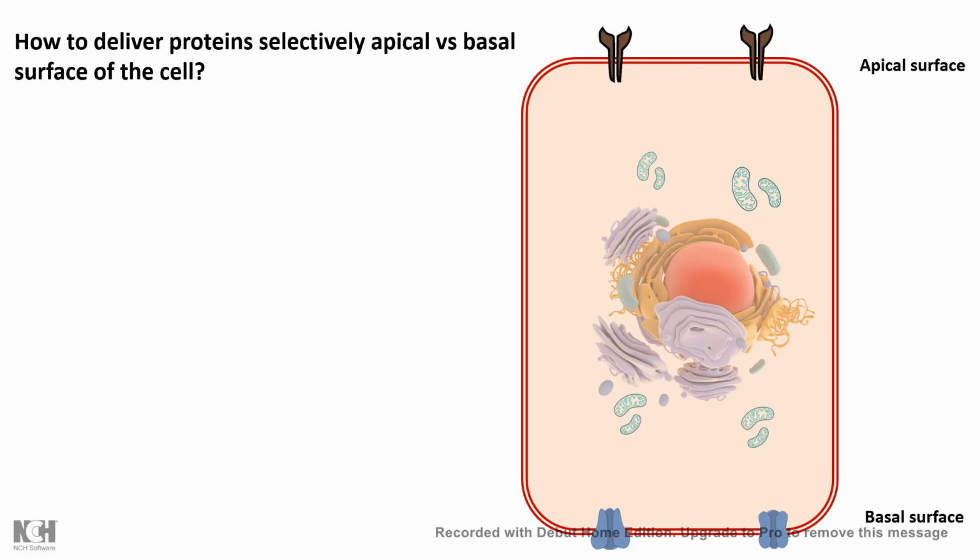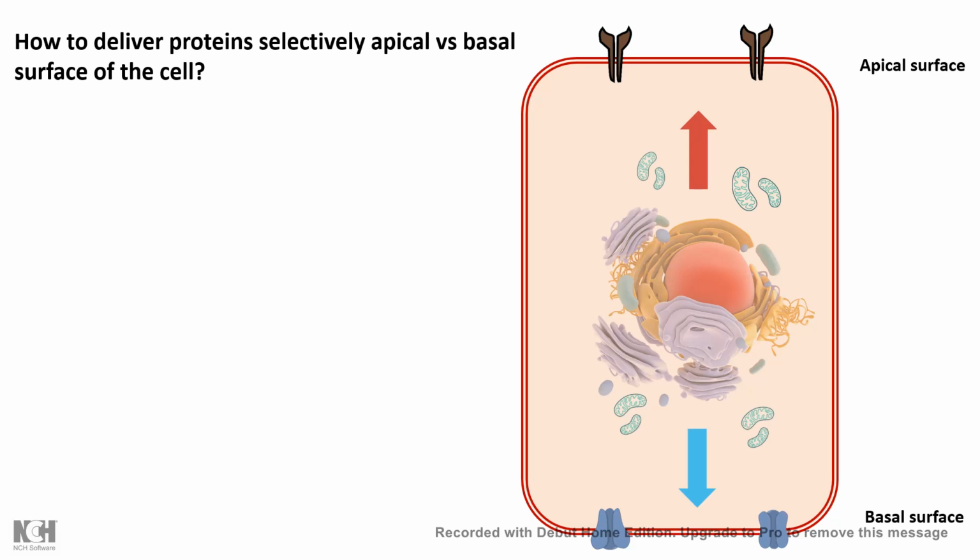And also, we have to understand that this process of sorting and delivery taken care of by the Golgi is pretty complicated. Imagine selective receptors that need to be delivered to the apical surface, or some ion channels, or some protein molecules that have to be delivered to the basal surface of the cell.